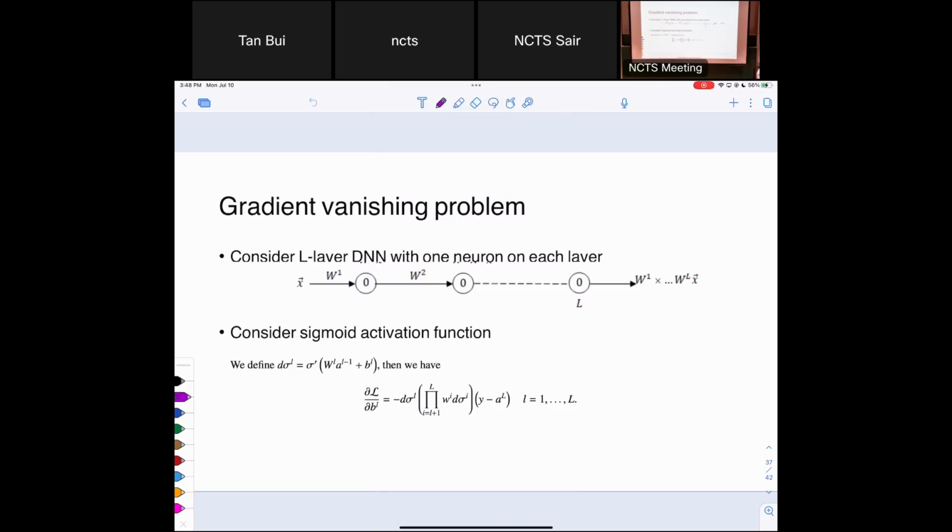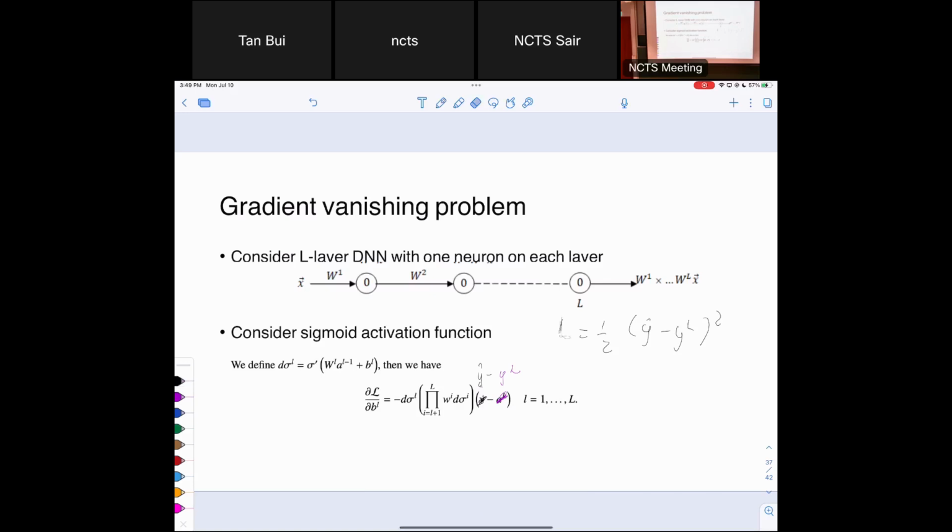Okay, let me actually change this a little bit. So the y_L here is actually our y_L, and this is actually y hat, the data, and the loss function is this. The loss function is one half of y hat minus y_L, the output layer, squared. Simple, right?